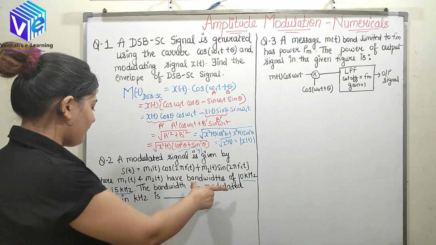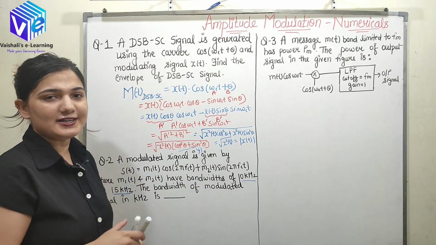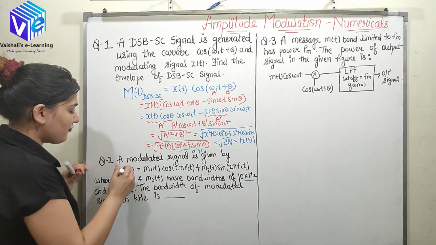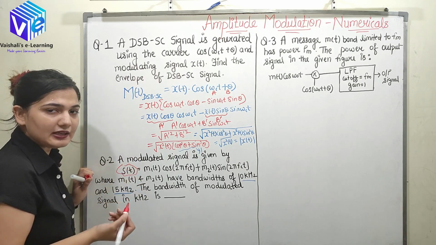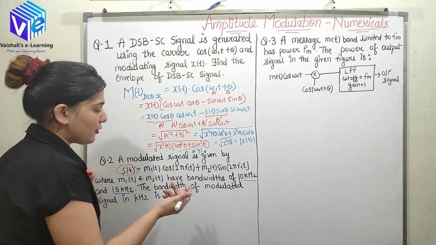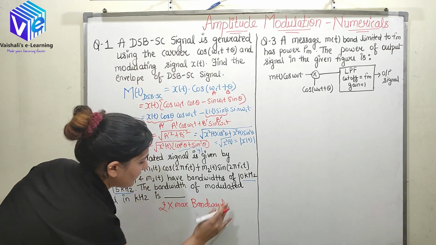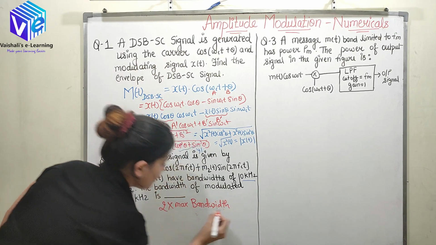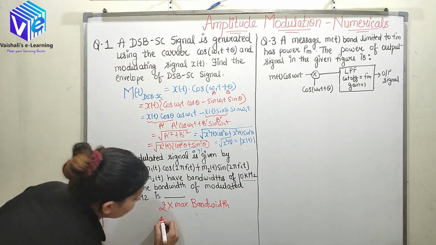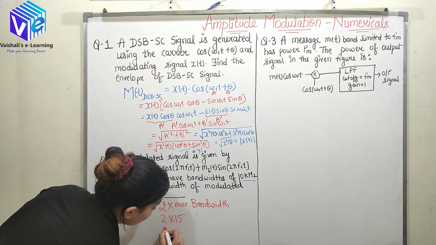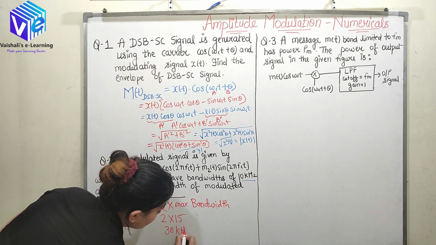Find the bandwidth of the modulated signal in kilohertz. So I need to find out the bandwidth of this signal. The bandwidth of this signal will be equal to twice the maximum bandwidth. What is the maximum bandwidth? It is 15 kilohertz. So it is 2 into 15, which is 30 kilohertz.